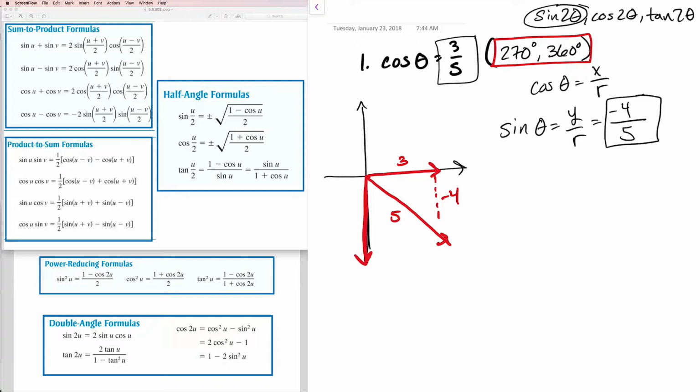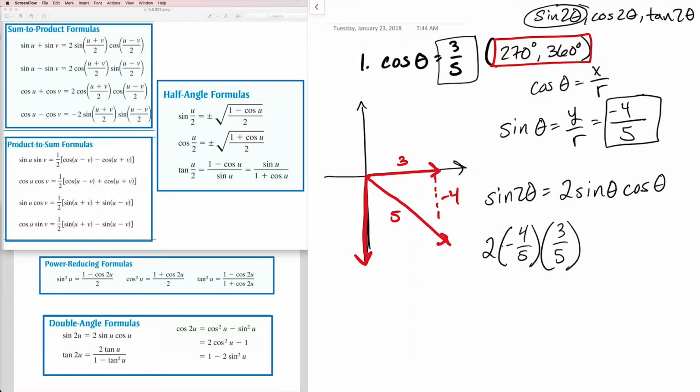And the double angle formula for sine 2 theta is 2 times sine theta times cosine theta. So that's 2 times negative 4 over 5 times 3 over 5.